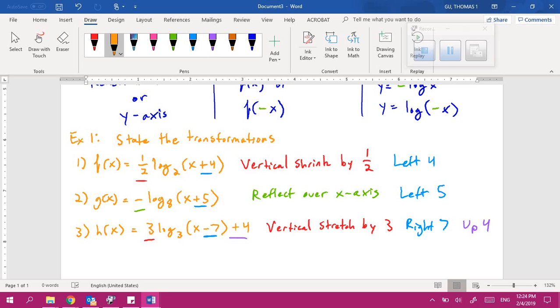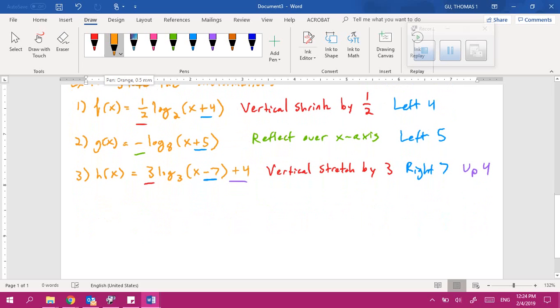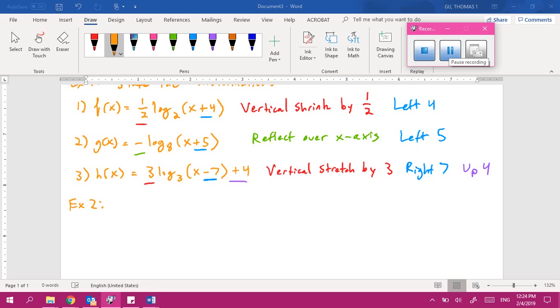So now we're going to do some examples where we're writing the equation out. All right, pay attention to how the question is written, okay? It's going to tell you f of x, this is the original function, okay? f of x equals log base 4 of x. Why do you think that it would say log base 4 of x in the original?